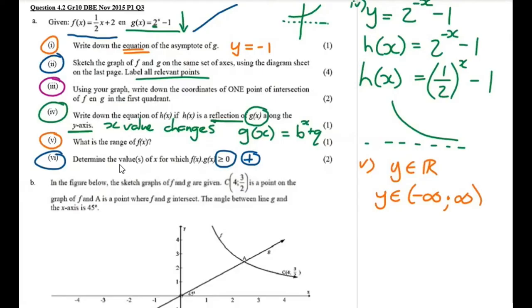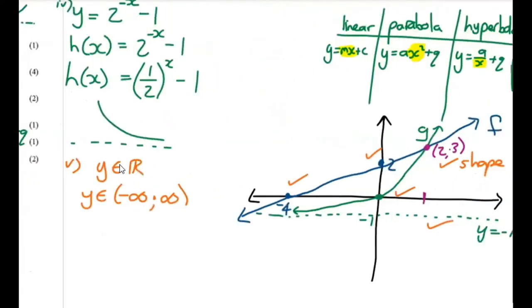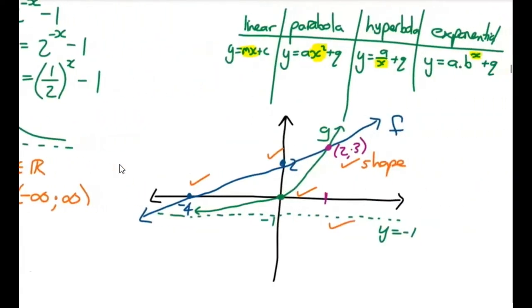So we're going to look for where they're both underneath or both on top of the x-axis. So we're looking at the blue and the green graph together. So where would they both be underneath? Do you agree from this section?